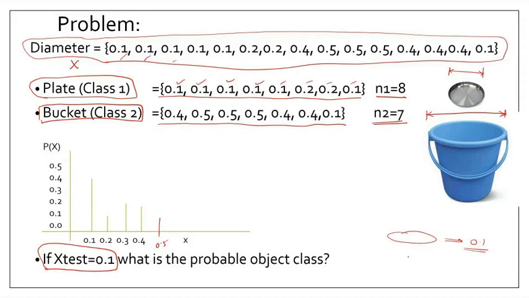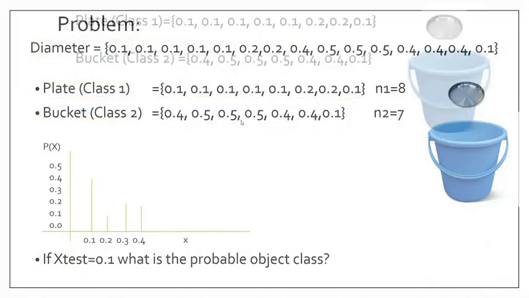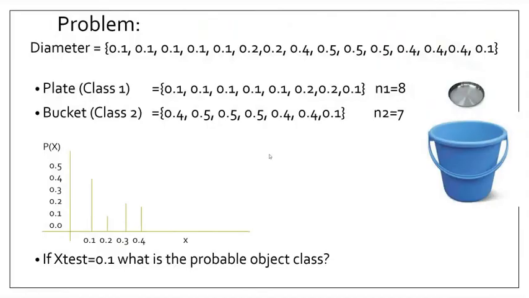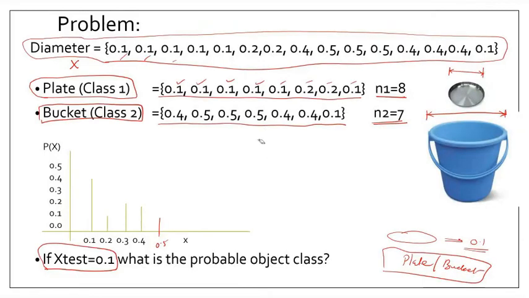Then you have to say whether this is a plate or a bucket. So you have to take a decision with only one measurement, and you can refer to all the data given to you.